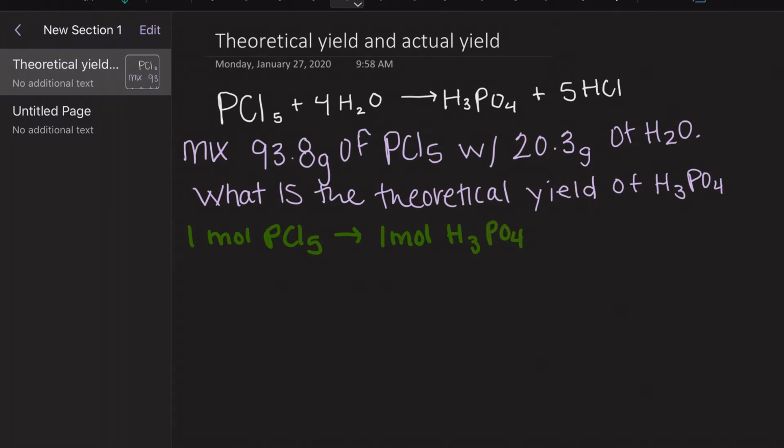And we need to know that if H2O is our limiting reactant, 4 moles of H2O would give us 1 mole of H3PO4.